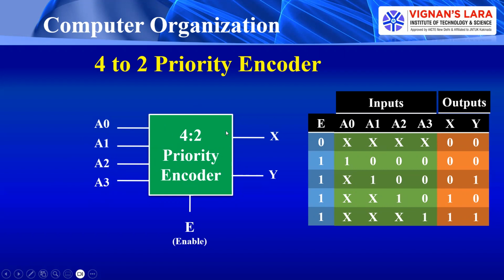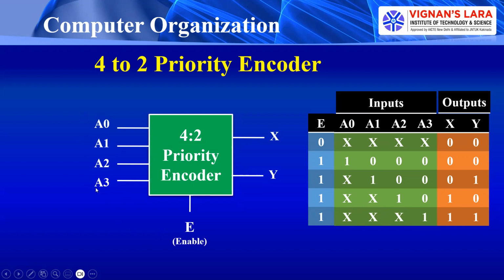Next, this encoder can produce a code for A2 only when A3 is 0. At that time, whatever the values present on A1 and A0, your encoder produces the code for only A2, because A2's priority is more than A1 and A0. See here, A2 is 1, A3 is 0, and A1, A0 are don't care. Previously it was 0, 0 for the normal encoder, but it is a priority encoder, so these values are don't cares.